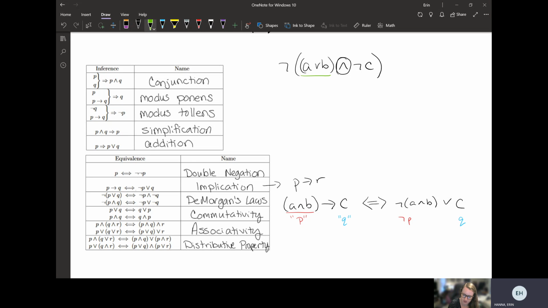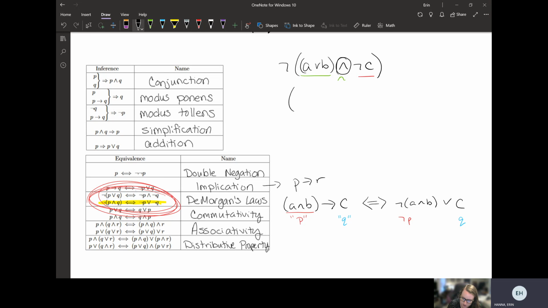So we have this first piece and then the not C. If I look down at my rules, I want to look for something that tells me how to deal with this not and bring it inside the parentheses. And that's going to be down with our De Morgan's laws. Now the one we're actually looking at, since we have an and here, is the second one. What that tells us is that we can bring that negation inside as long as we negate both pieces.